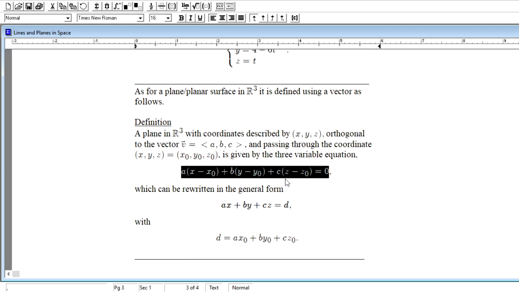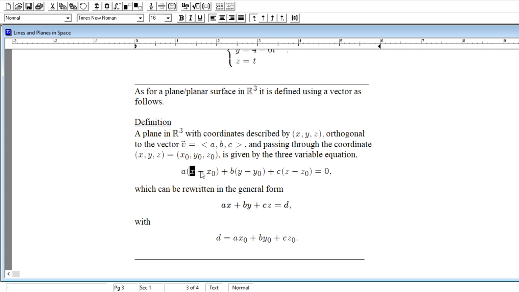That equation is what we see expressed here, where we take this description of orthogonal behavior to the plane, a, b, and c, and it plays the role of constant multiples on these quantities: x minus x null, y minus y null, and z minus z null. These are just our variables x, y, and z minus the location of the coordinate that this plane is passing through.